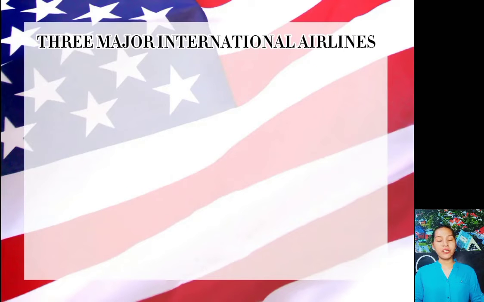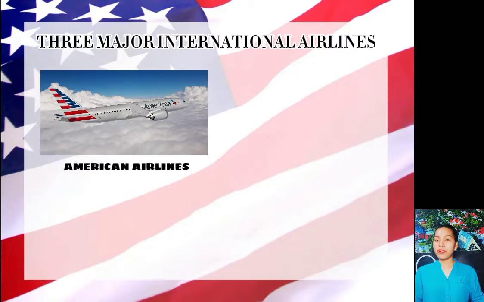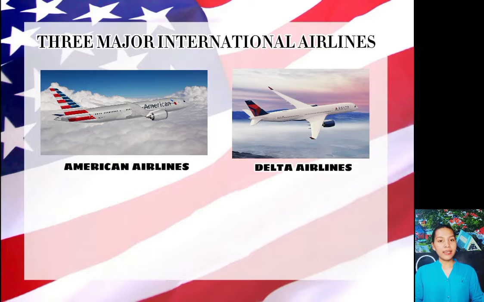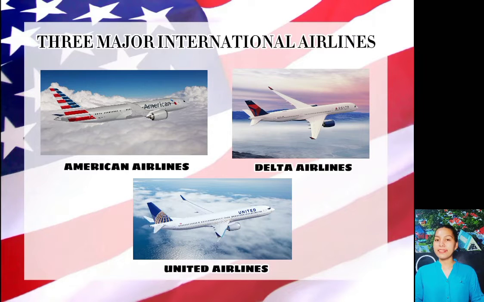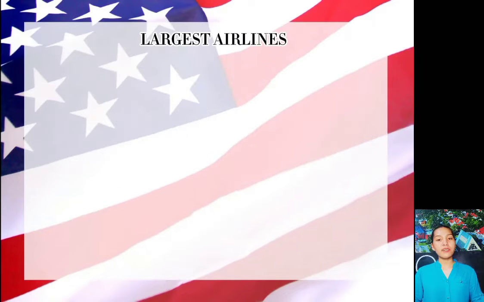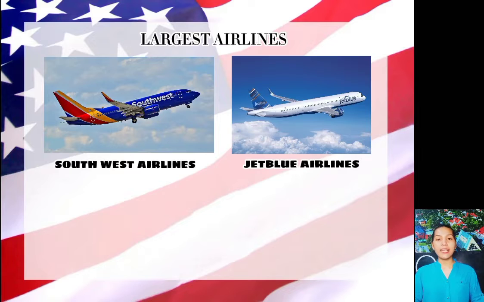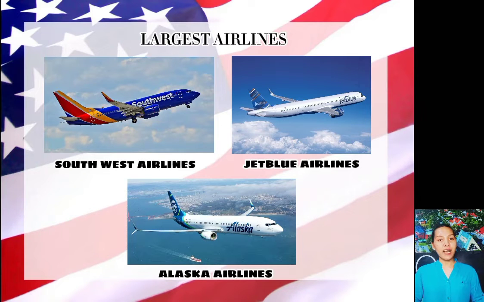Today, the US has three major international airlines: American Airlines, Delta Airlines, and United Airlines. These three have large domestic networks that help feed their international routes. On the domestic front, some of the largest airlines include Southwest, JetBlue, and Alaska. Rounding out the airlines are the low-cost airlines such as Spirit and Frontier.